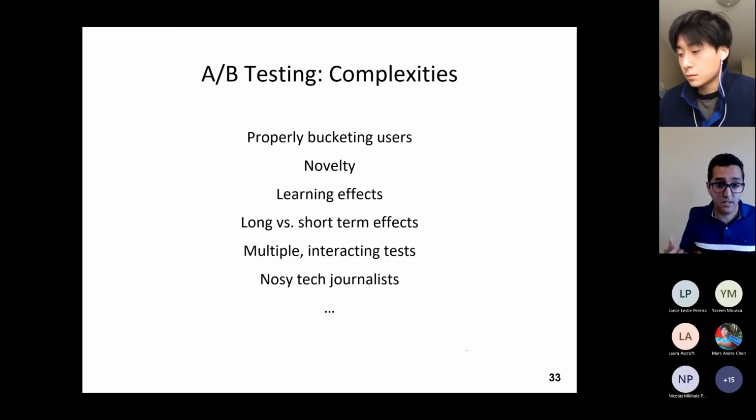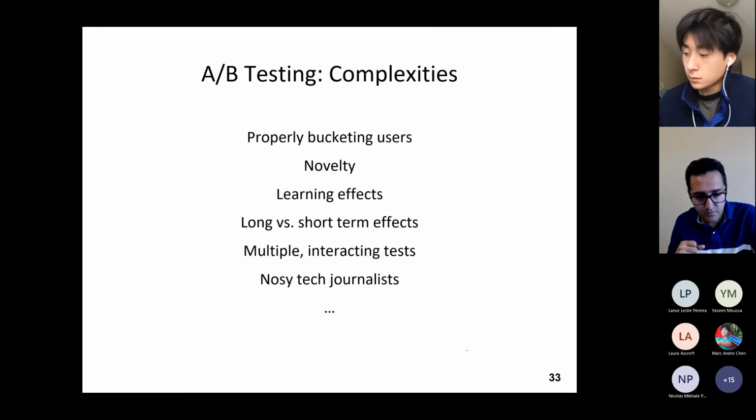Sometimes, for example, you design a new UI, you test it, and you'll see that, yeah, it's working better for users. But if you give it time, you will see that your performance goes back to what it was before. So it's like the learning effect issue.